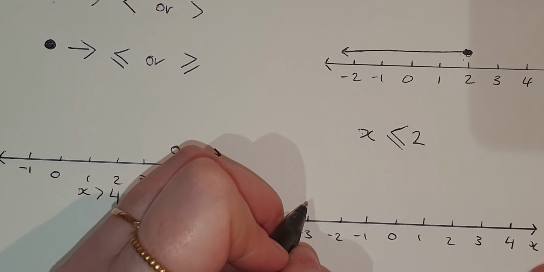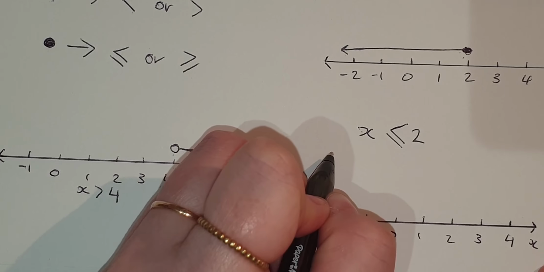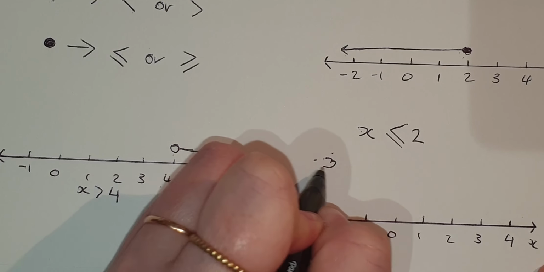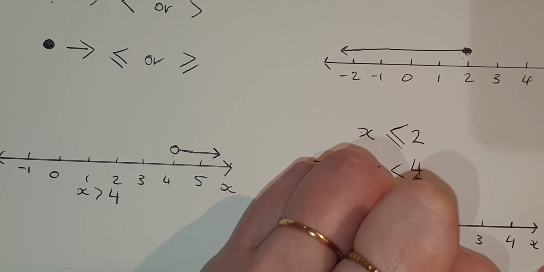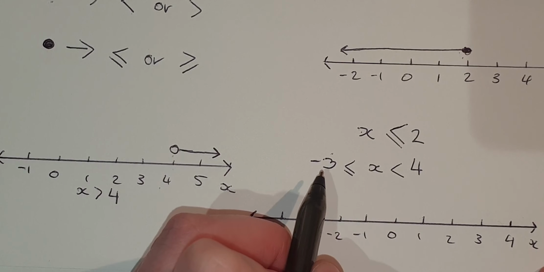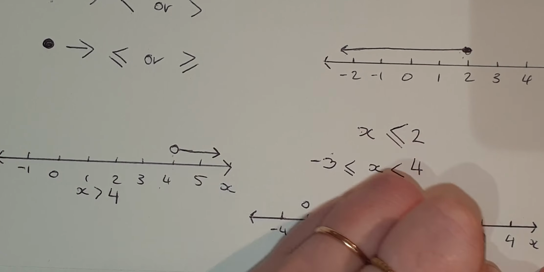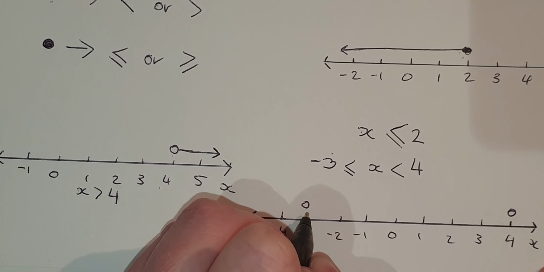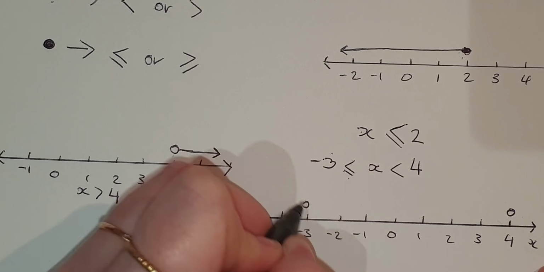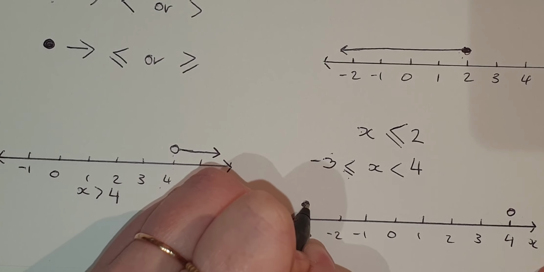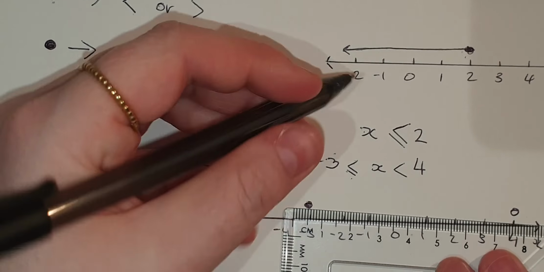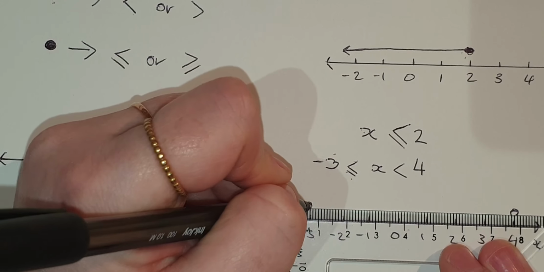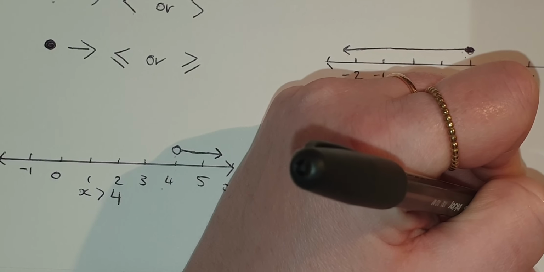So we have our inequality, -3 is less than or equal to x, which is less than 4. So dot above the -3, dot above the 4. This is a less than or equal to sign, so we need to color this one in. Then, using a ruler edge, you would draw a straight line between the two.